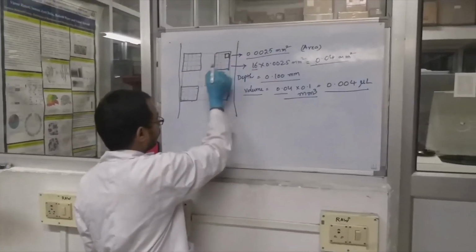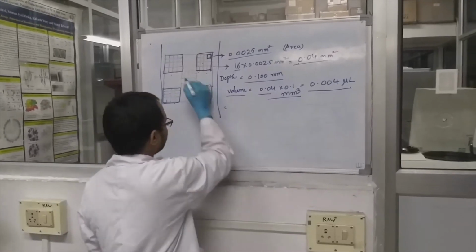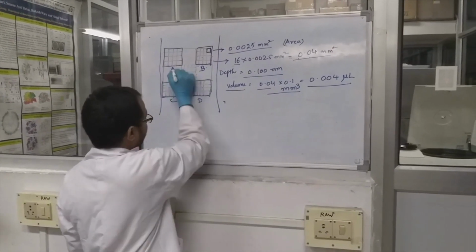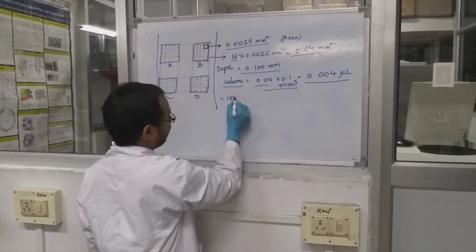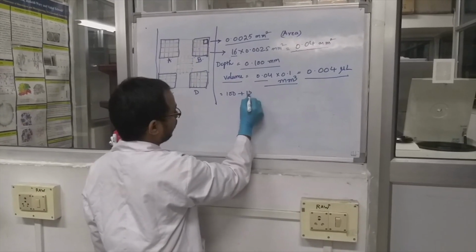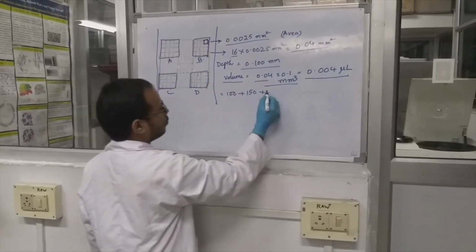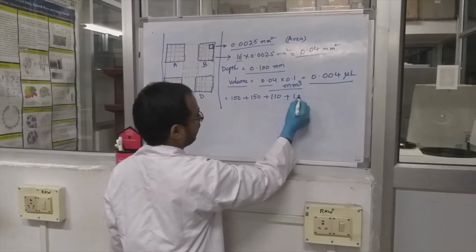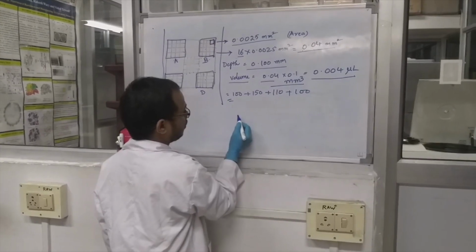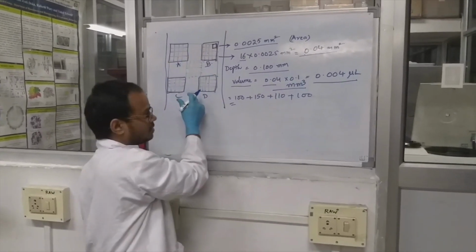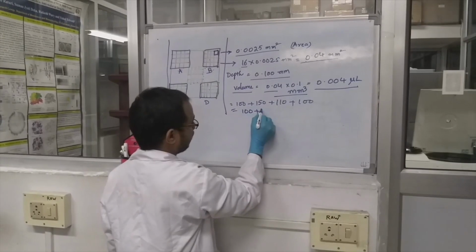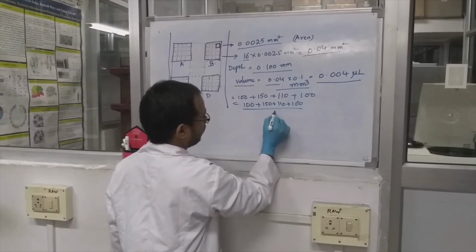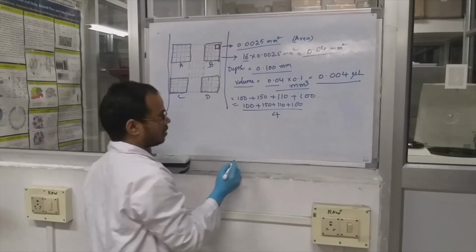Say we have counted cells in each square, say this is A, B, C, D. Here we have 100, here we have 150, here we have 110, and 100 again. So for the total cells we have to take the average. That means 100 plus 150 plus 110 plus 100 divided by 4, as we are counting a total of 4 squares.